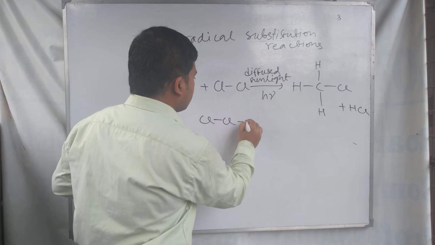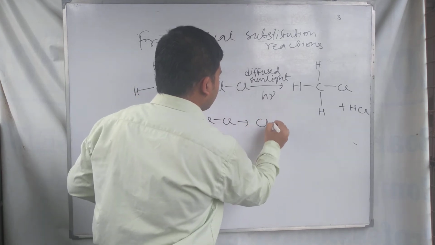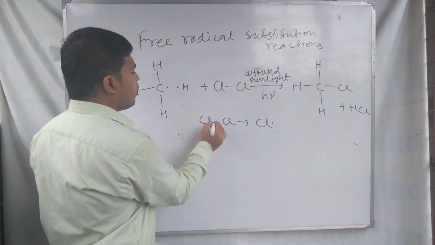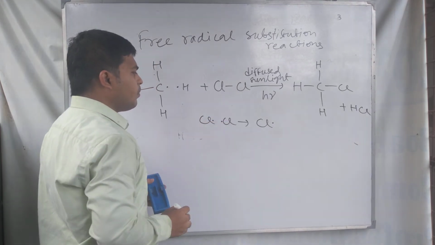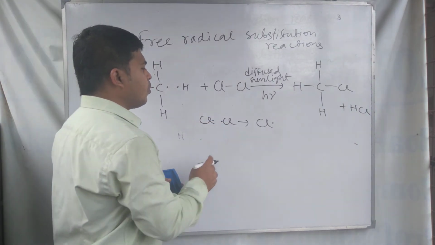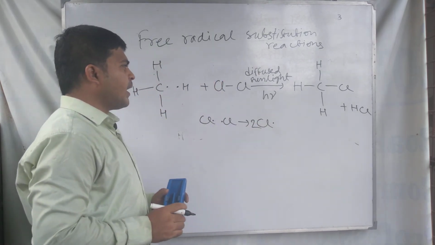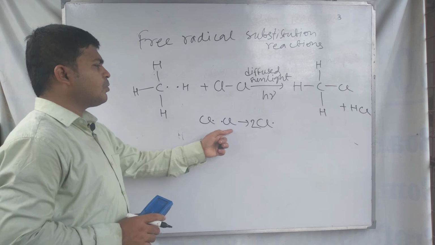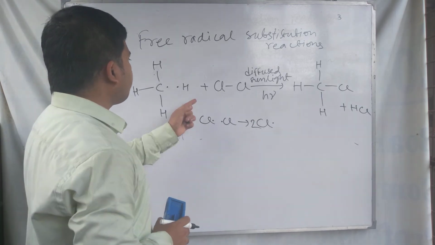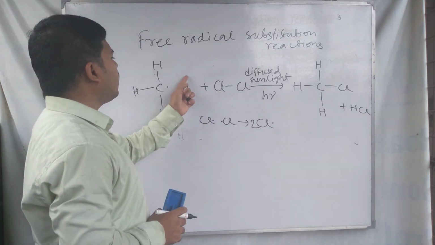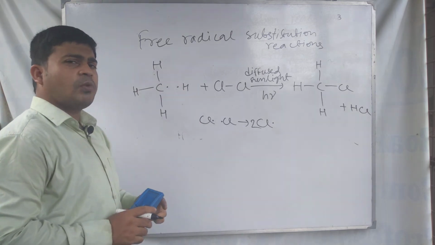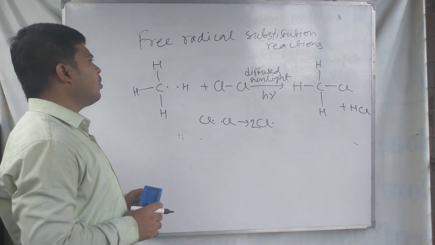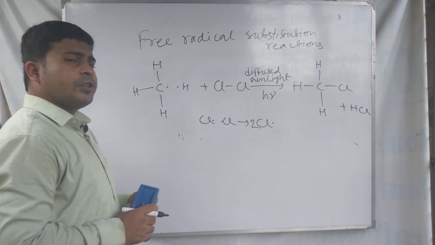This chlorine molecule will break, and the bond is broken with one electron each, so 2 Cl dot is developed. At the first step, the chlorine radical is developed, and the chlorine radical replaces the hydrogen atom of the methane molecule, and for this reason this type of reaction is called a free radical substitution reaction.